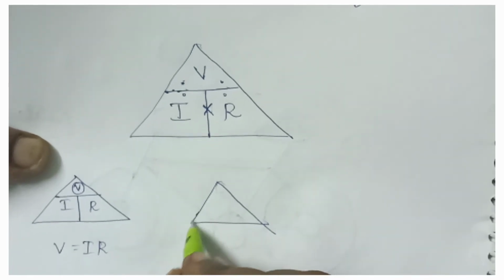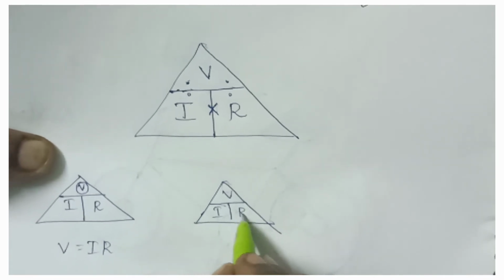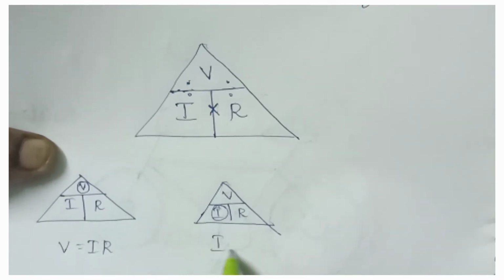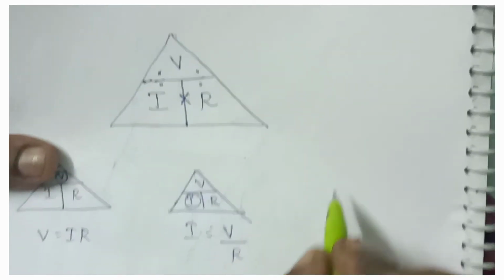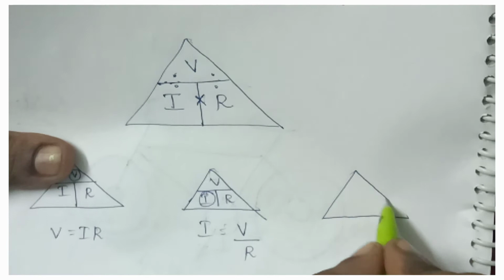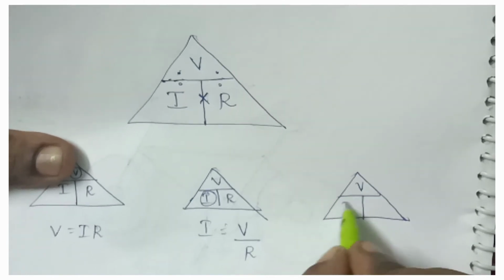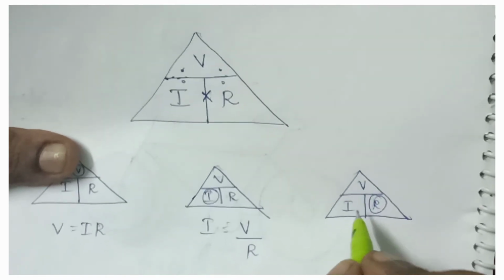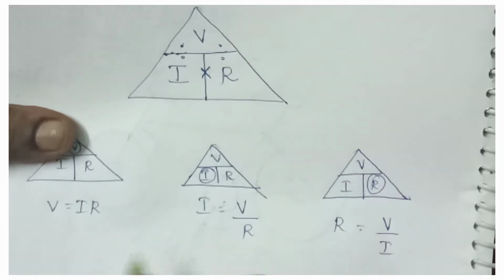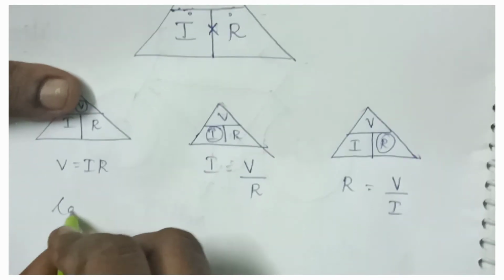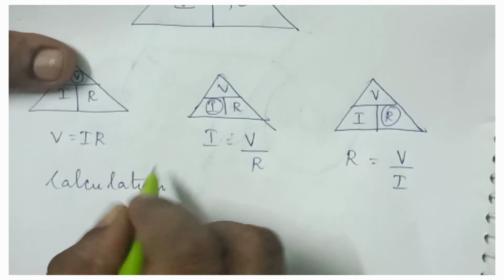In the second case, when I is asked and V and R are given, I is equal to V divided by R. And in the third case, when the resistance is not known and V and I are given, the formula will be R is equal to V by I. So that's it. It's very easy. Only these three formulas we are going to use in the calculations now.